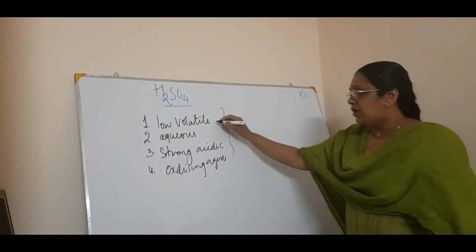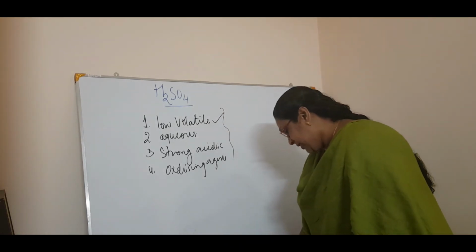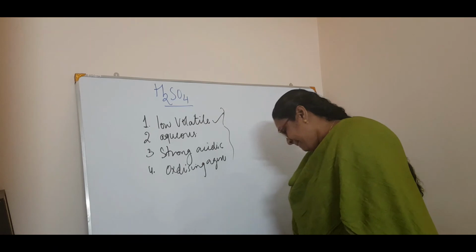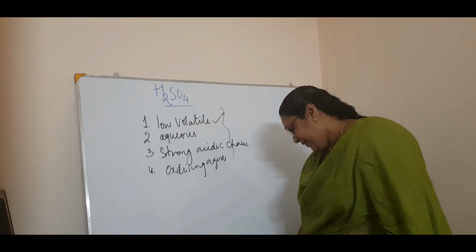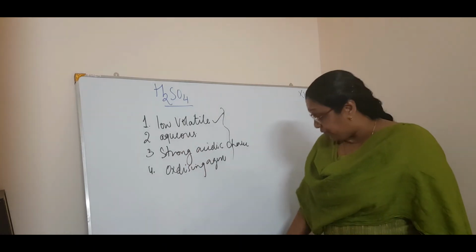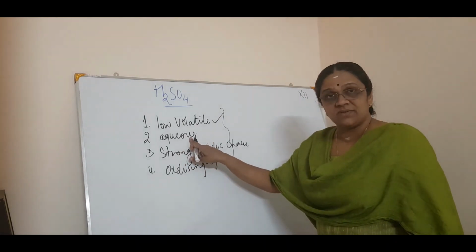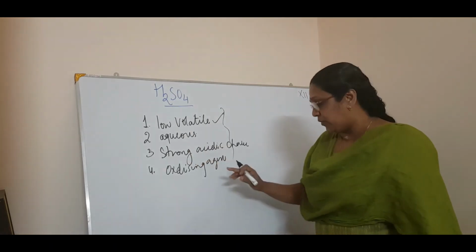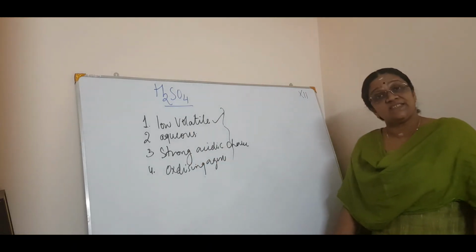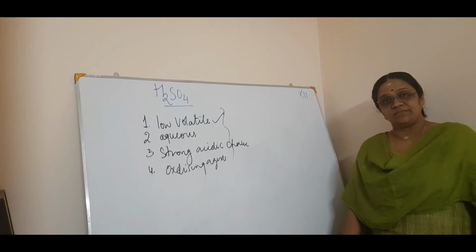What is it? The low volatility, isn't it? Then the strong acidic character, then its strong affinity for water, that is aqueous solution. That is why it is an acid, right? Strong affinity for water, and then it is an oxidizing agent. Okay.